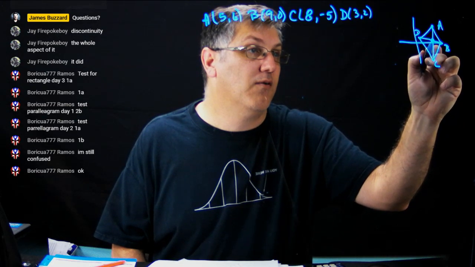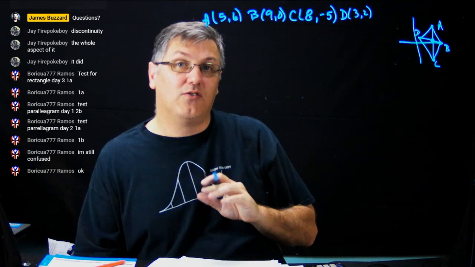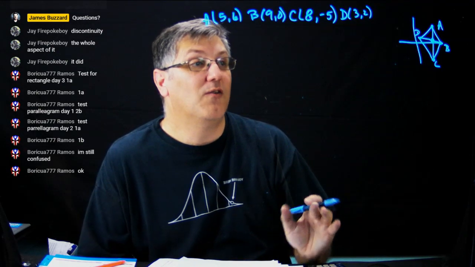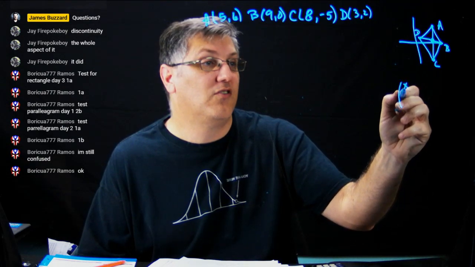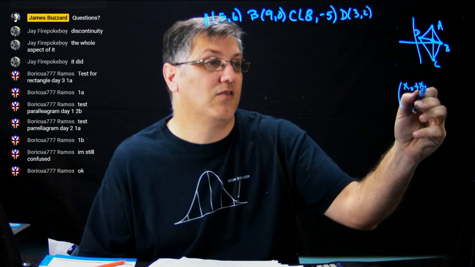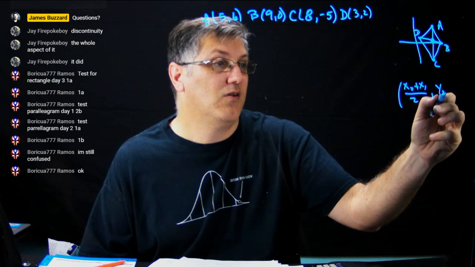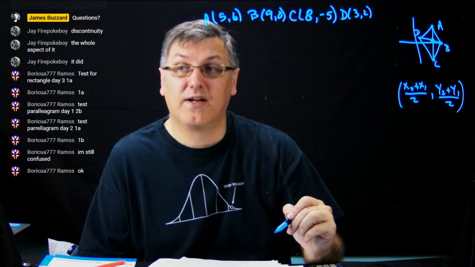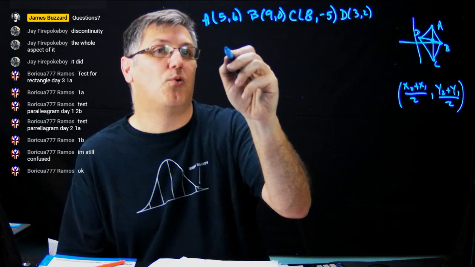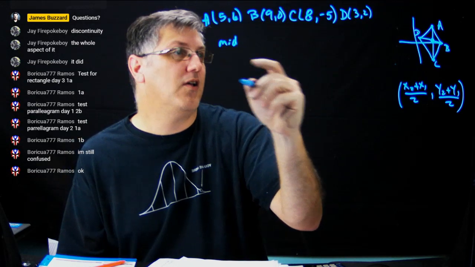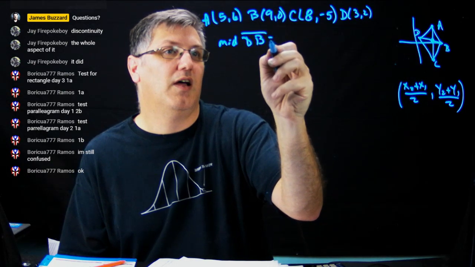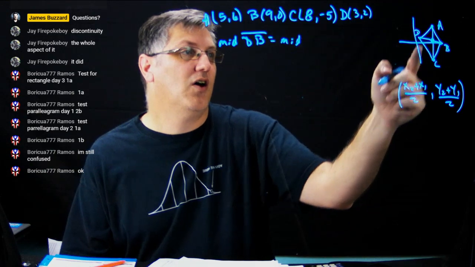This point right here has to be the exact same point. If it's not, it's not a parallelogram. So I need to find my midpoint. The midpoint formula is the average of my x's. The midpoint of DB has to equal the midpoint of AC.